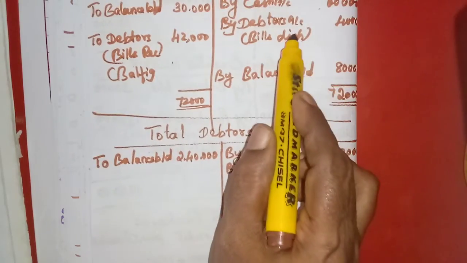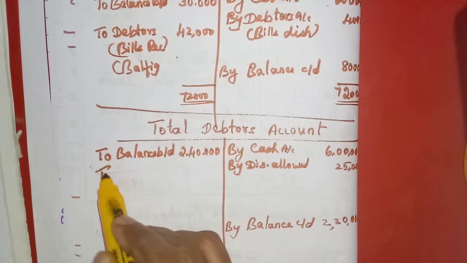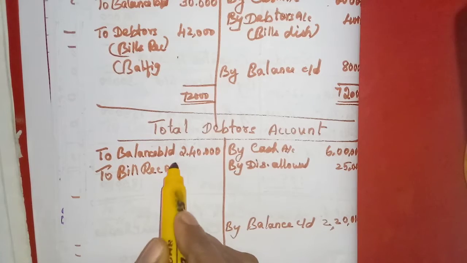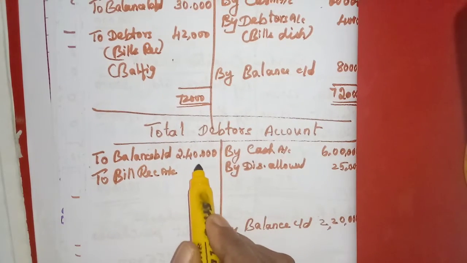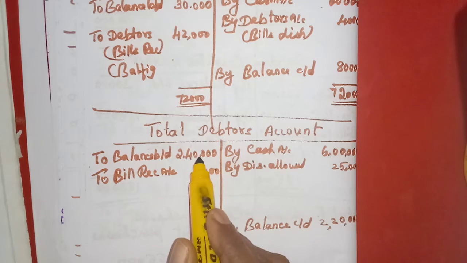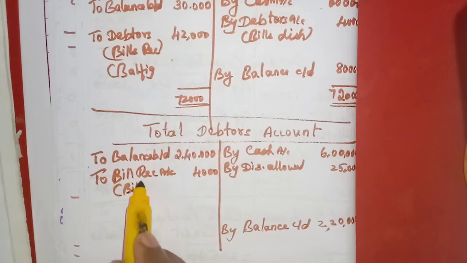So if this was on the credit side there, here it will come on the debit side. To bills receivable account 4,000. Here, bill dishonored.